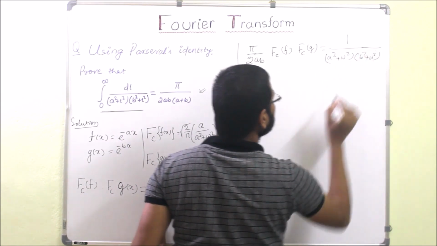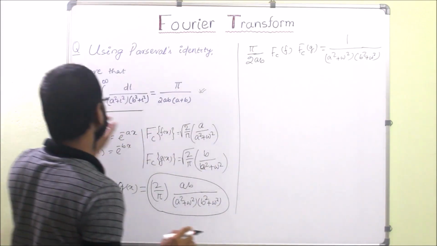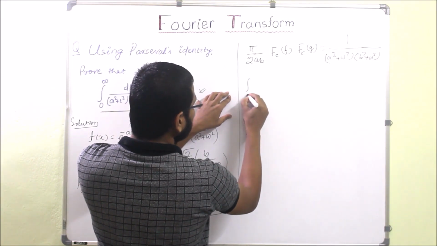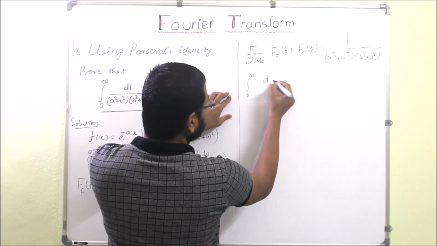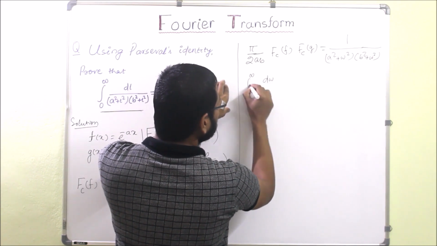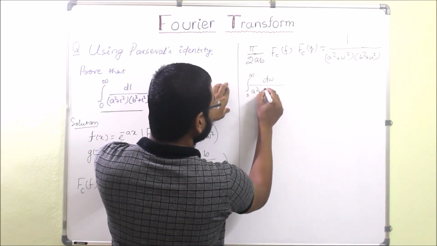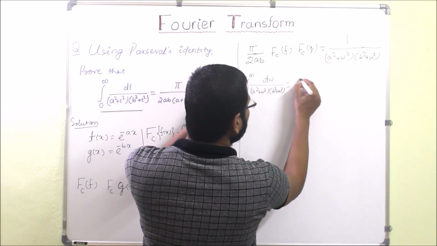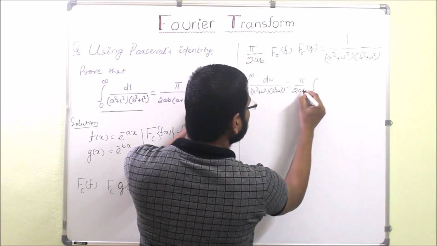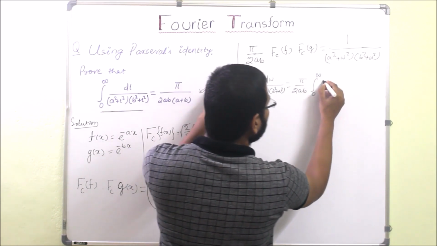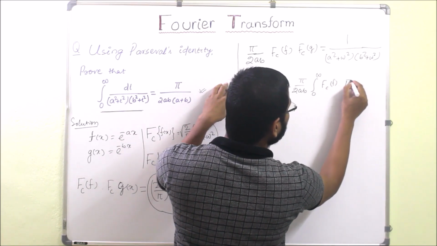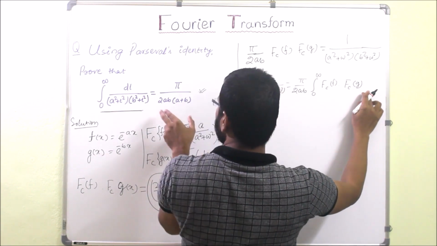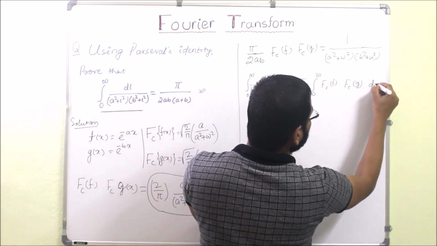In the problem, 0 to infinity dt, in place of dt if I write dw, so dw by (a square plus w square) into (b square plus w square) will be pi by 2ab, integration from 0 to infinity of Fc of f into Fc of g dw.